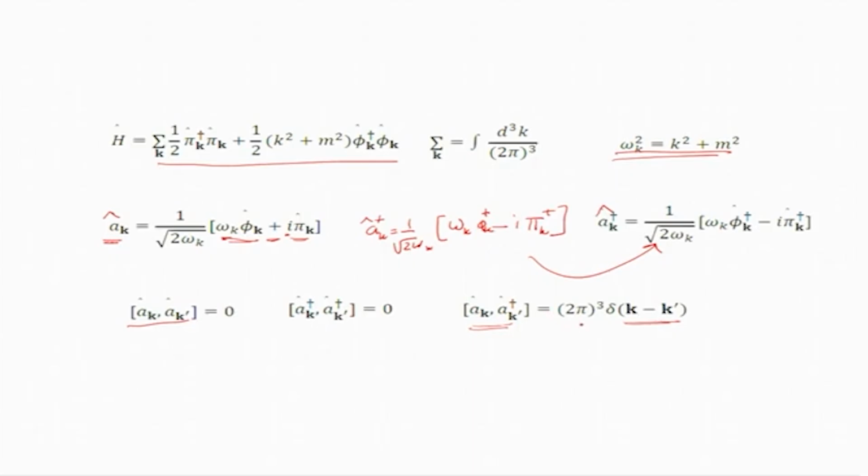Okay. So, this is what it is. So, there is no i here. Okay. This is the relation. Now, the delta will come because we are dealing with infinite space. Otherwise, for finite volume, you will get a Kronecker delta. I am dealing with the infinite box, so it is a Dirac delta function. Everybody knows the difference. So, this is what we will get.